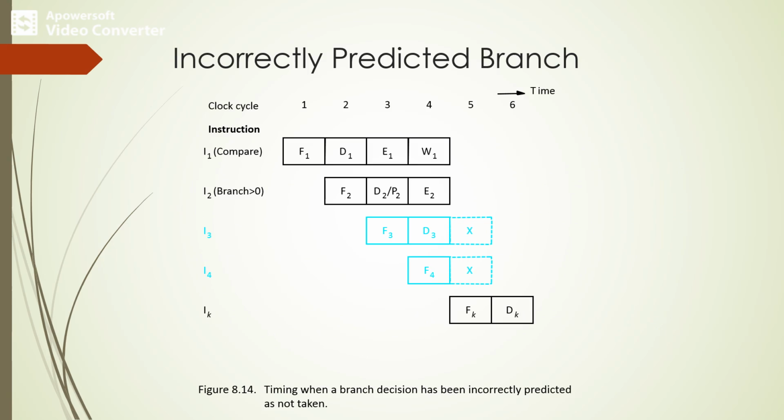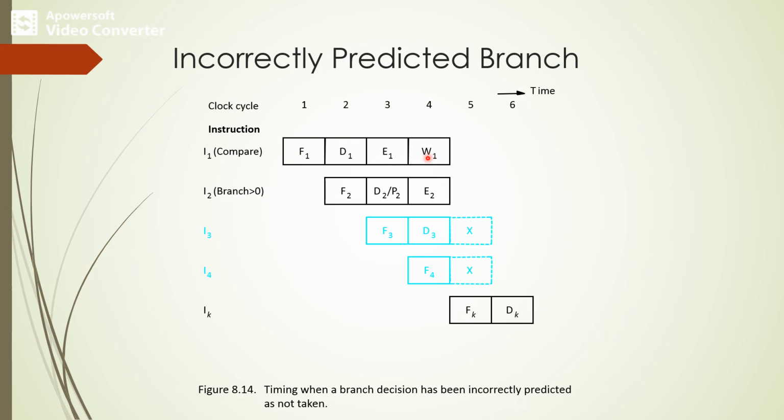So now we'll take one example. Here we can observe an incorrectly predicted branch instruction for 4-stage pipelining. 4-stage means fetch phase, decode phase, execution phase and write phase.